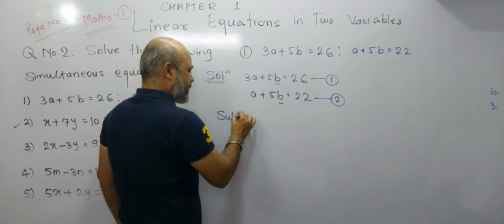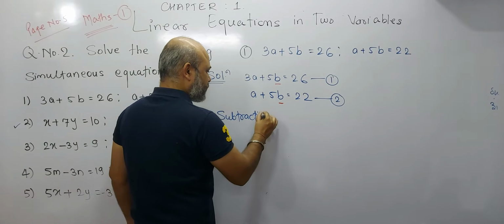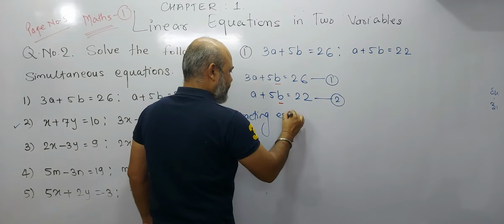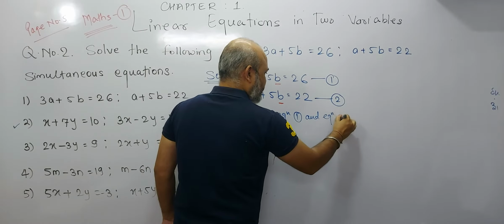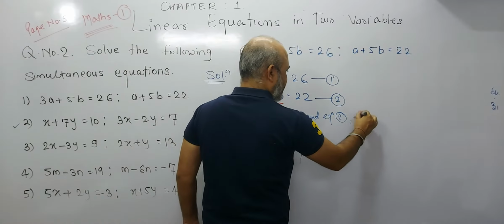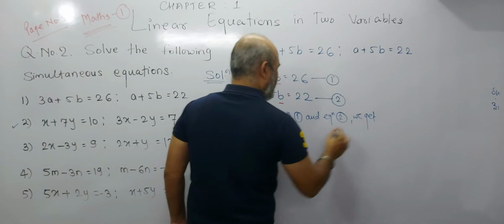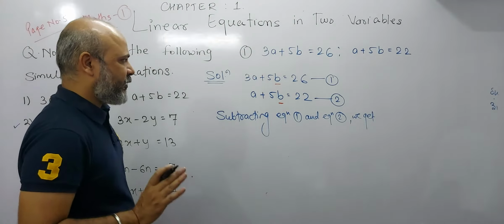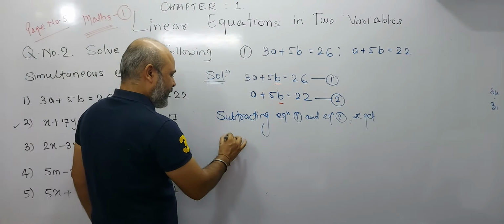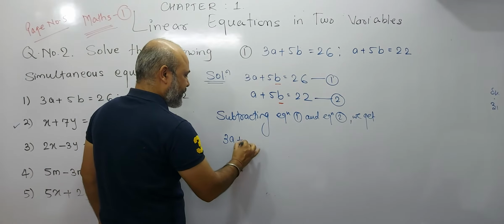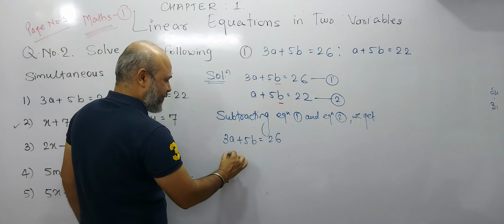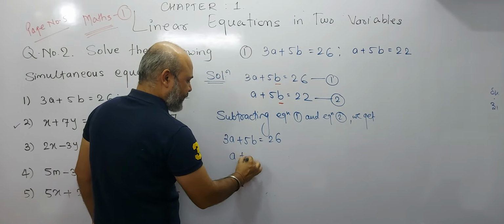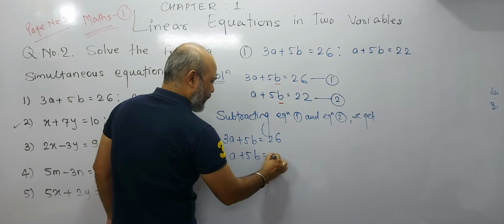So you write: subtracting equation 1 and equation 2, we get. I will write again: equation 1, that is 3a plus 5b is equal to 26, and second equation, that is a plus 5b is equal to 22.